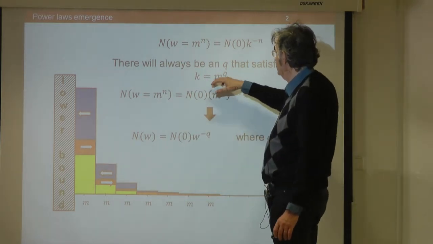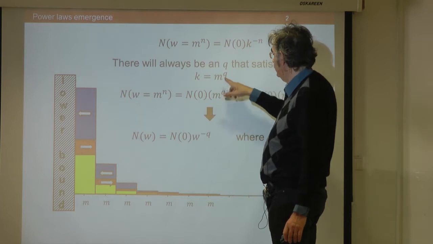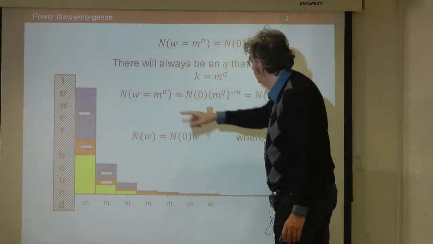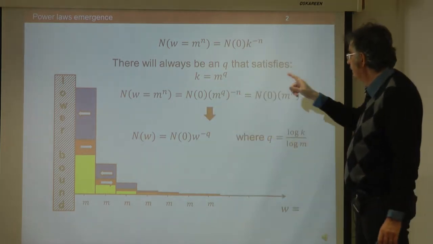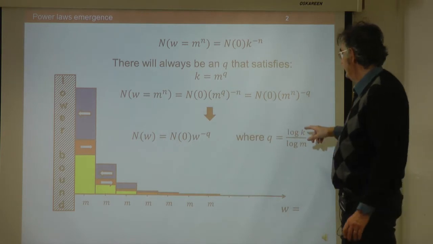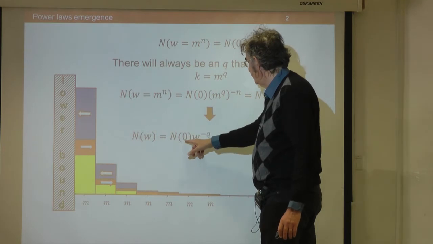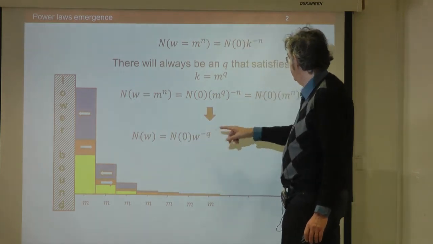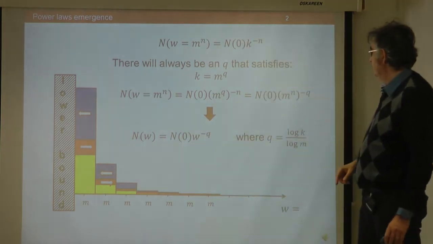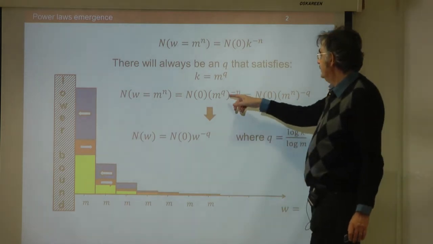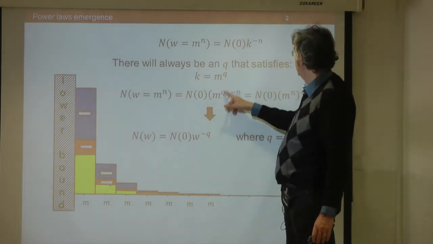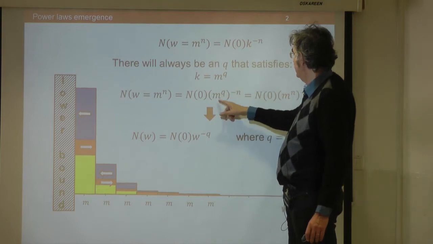But again, we don't have to use this definition of the logarithm. The important thing is that if we parameterize k in this way, then we get that n of W is proportional to n of 0 times W to the minus q, because essentially k is m to the q.